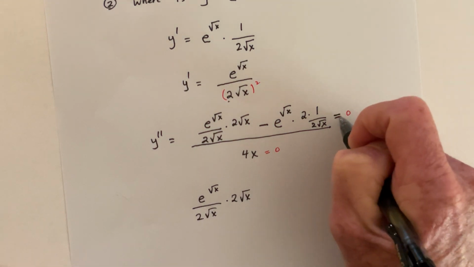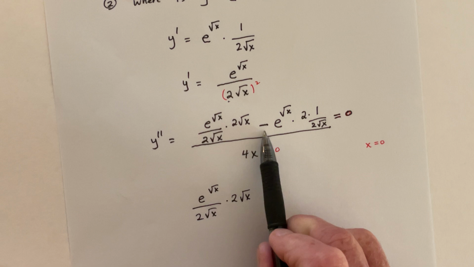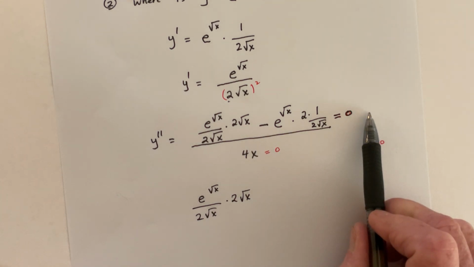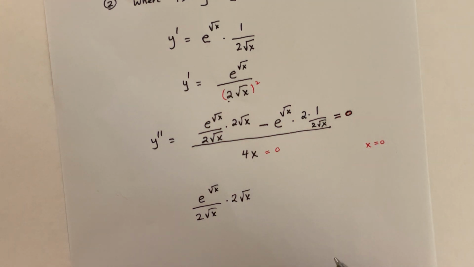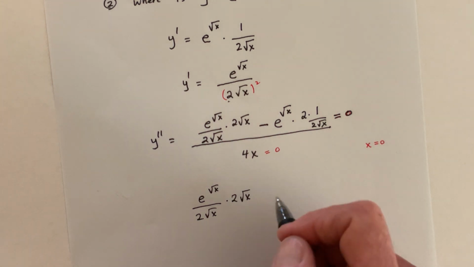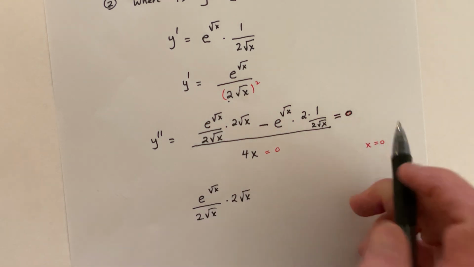And once I put it equal to 0, then I could take this negative term and move it to the other side. I'm just thinking, is that the best thing to do? Yeah, I think I will. So I'm going to take this and move it to the other side.